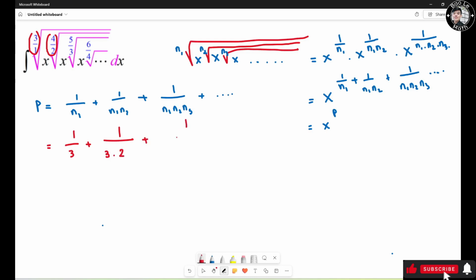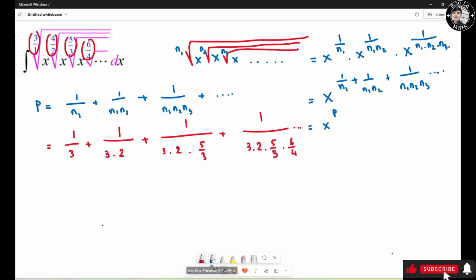Plus 1 over n1 which is 3, n2 which is 2, n3 which is 5 over 3, so I put 5 over 3 right here. Plus 1 over n1 which is 3, n2 which is 2, n3 which is 5 over 3, and n4, which is 6 over 4, etc.